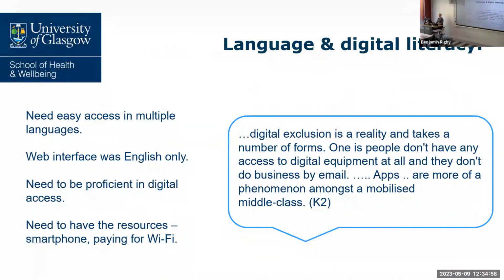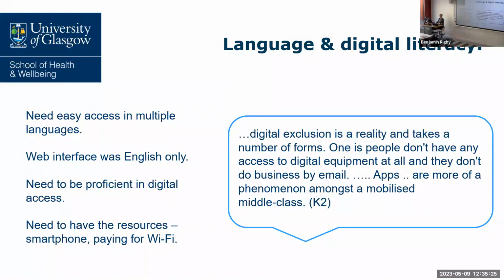Clearly, issues around digital and language literacy also came up. So there was a recognition that these forms and these sites, which at that point were only in English, really needed to be accessible in multiple languages. But also people needed to be proficient in digital access, and they needed to have the resources. They needed to be able to afford smartphones, they needed to be able to pay for Wi-Fi.